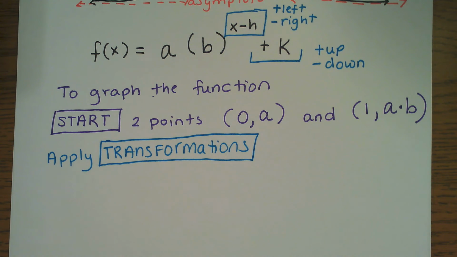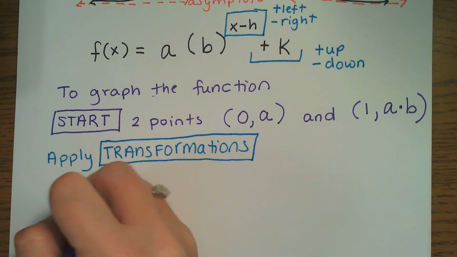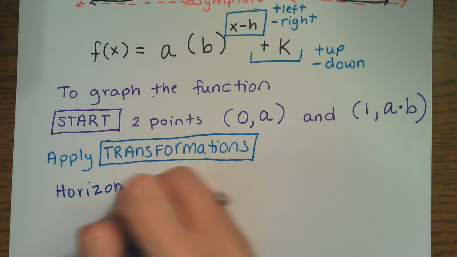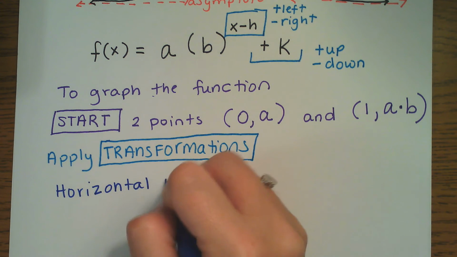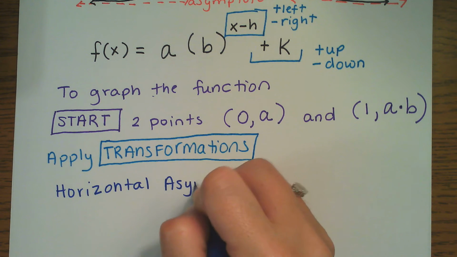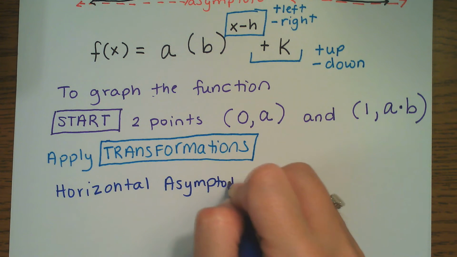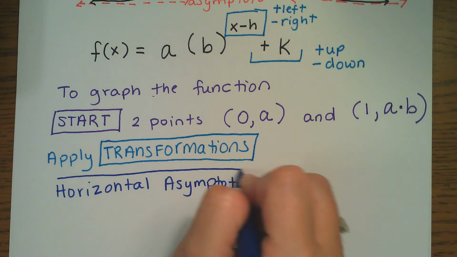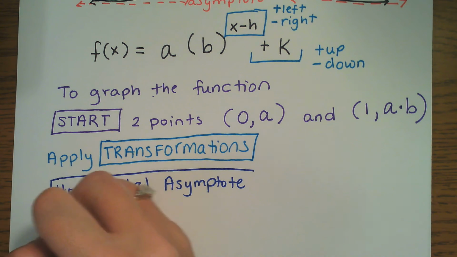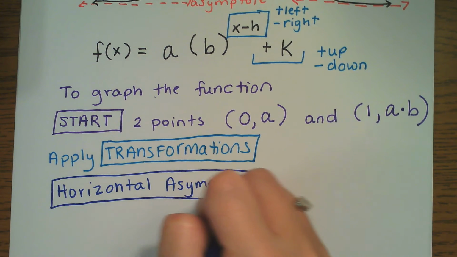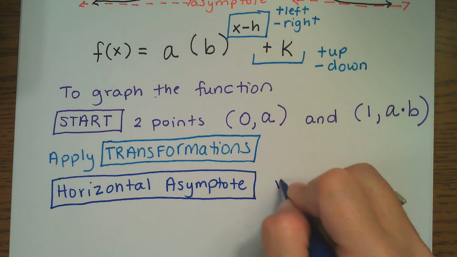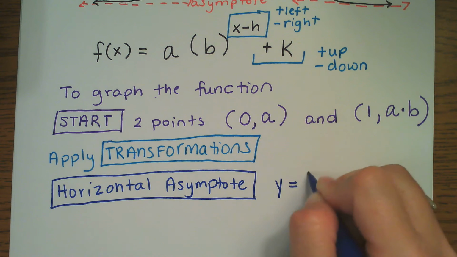And the last thing we'll need is the horizontal asymptote, which is going to be y equals your k value.